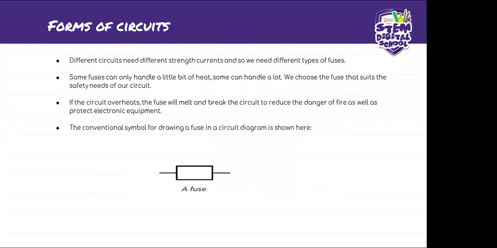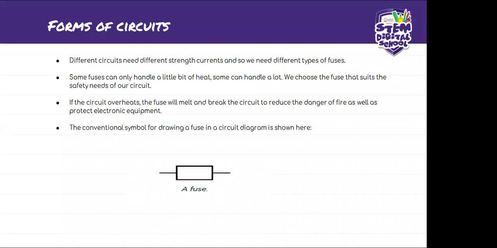Okay, now let's look at this continuation. Different circuits need different strengths of current, and so we need different types of fuses. So this leads us to this topic, which is forms of what? Circuits. Okay, so there are different types of appliances, and these appliances will need a fuse.